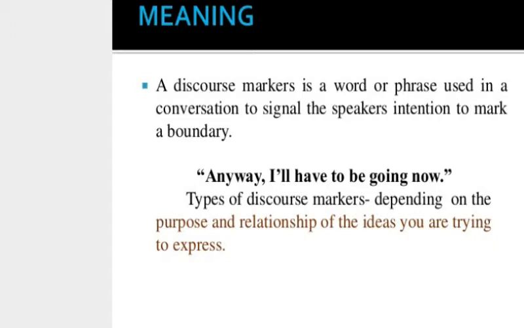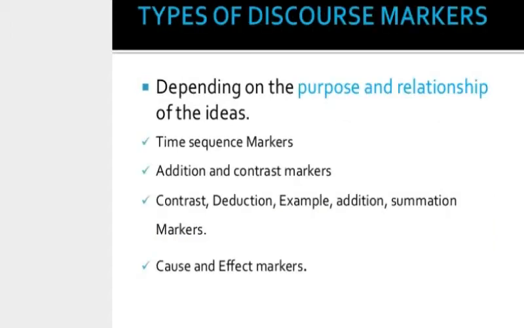Types of discourse markers depend on the purpose and relationship of the ideas you are trying to express. Depending on the purpose and relationship of the ideas, discourse markers are divided into such groups: time sequence markers, addition and contrast markers, deduction, example, summation markers, and cause and effect markers.